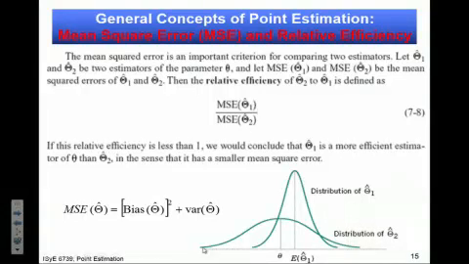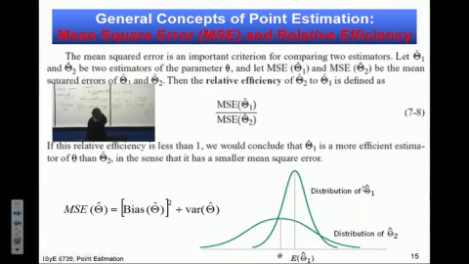Look at this. This is the distribution of your theta hat 1. This is one estimator. It's biased because it's far from your actual theta. Look at the distribution of your second estimator.